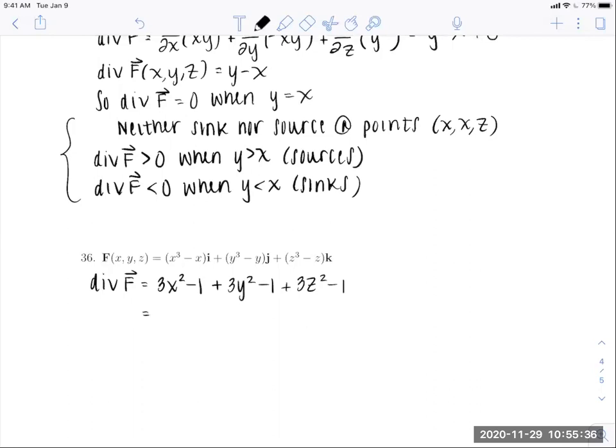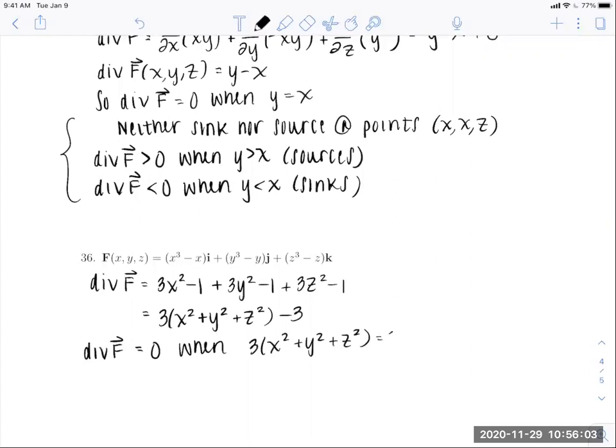If I collect all of the squared terms, I can factor out a 3: 3 times x squared plus y squared plus z squared, and then of course minus 3. The divergence is equal to 0 when 3 times x squared plus y squared plus z squared equals 3, or in other words, when x squared plus y squared plus z squared is 1.